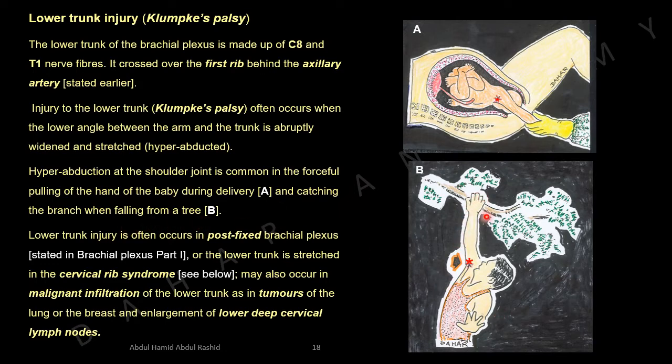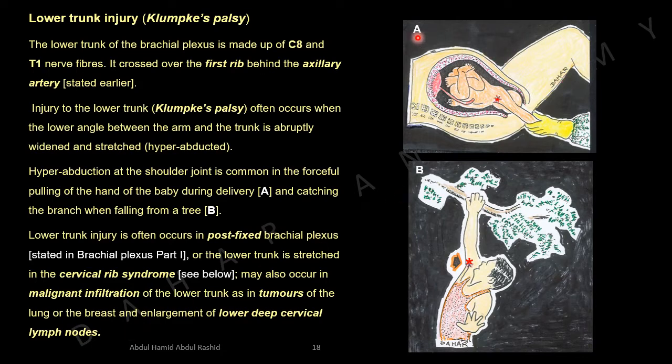Look here, diagram B. Lower trunk injury often occurs in postfixed brachial plexus, stated in brachial plexus part 1, or the lower trunk is stretched in cervical rib syndrome, see below. It may also occur in malignant infiltrations of the lower trunk, as in tumors of the lung or the breast, and enlargement of lower deep cervical lymph nodes.